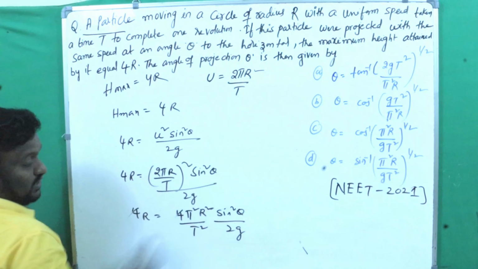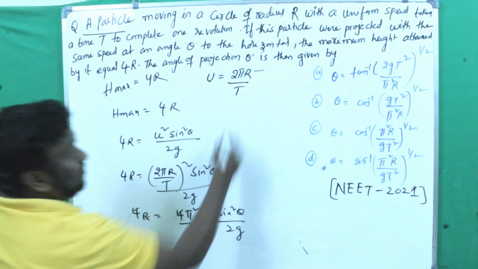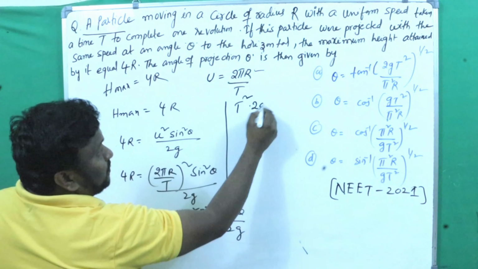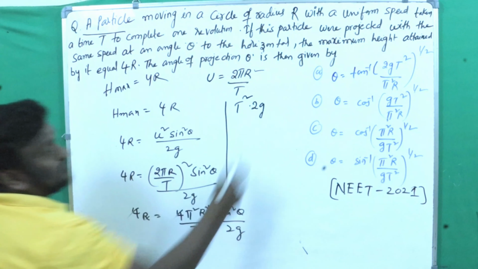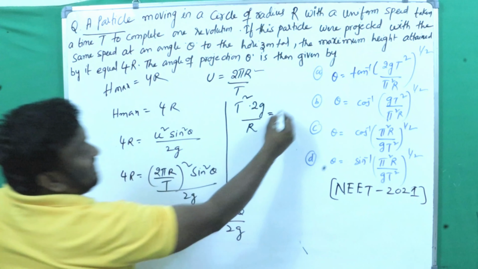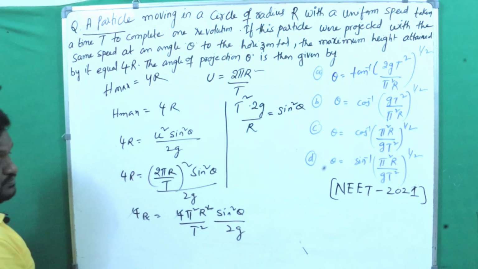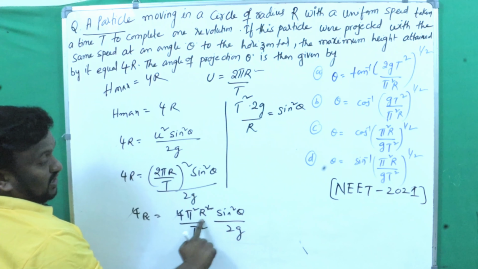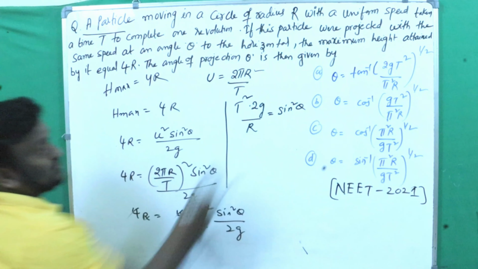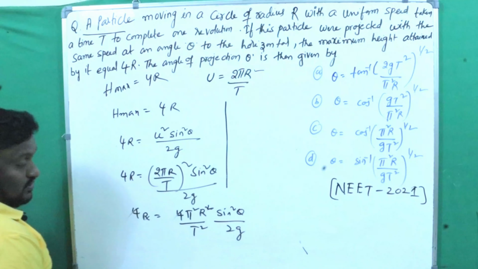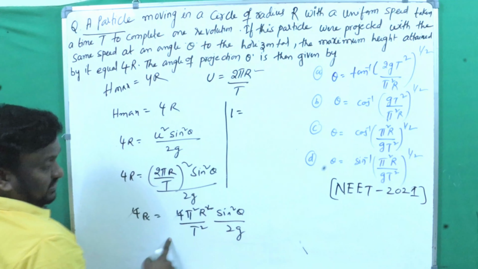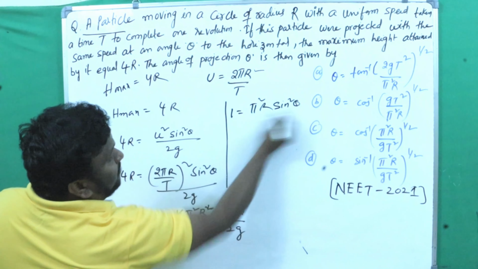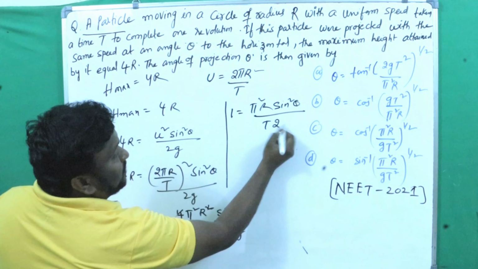Here 4 cancels, r square cancels with r, then we have 1 is equal to pi square into r into sin square theta by t square into 2g.